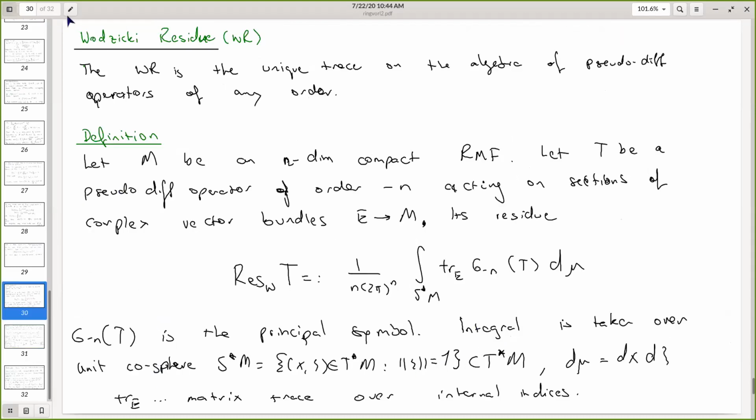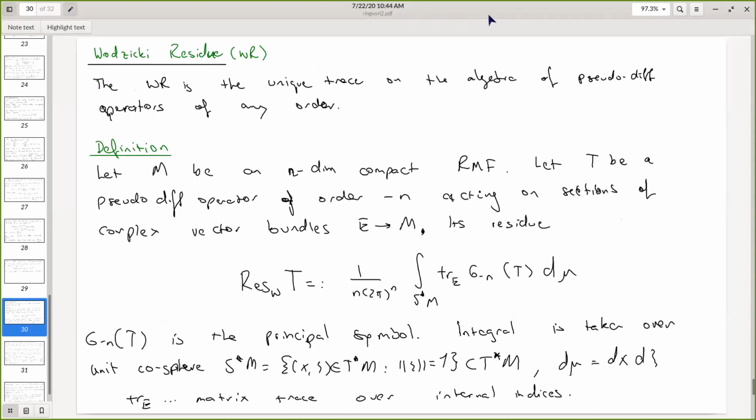Now, you see, the point is, if I can relate this to the trace of the operator T, this Dixmier trace, then in a sense I don't need the integral.